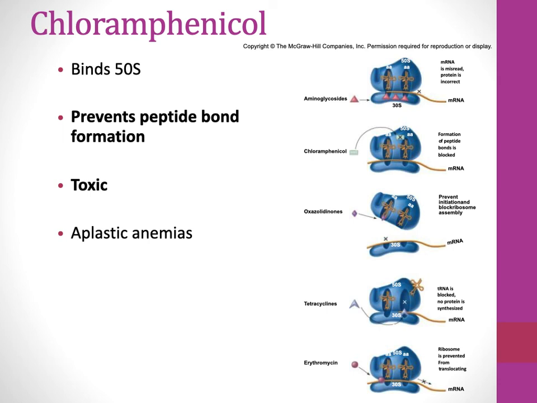And again, it's given in extremely low doses if it's used in eye drops, whereas if it's used for a preterm baby that has an infection, the dosage has to be a little bit higher, and then again, you're more likely to get these aplastic anemias, which are still very rare, but obviously if they happen, because they are potentially lethal, medically, they're going to try to avoid that situation. And they would try to utilize other drugs.